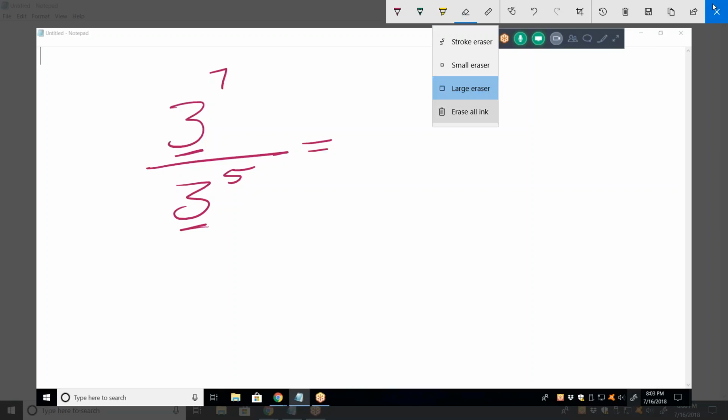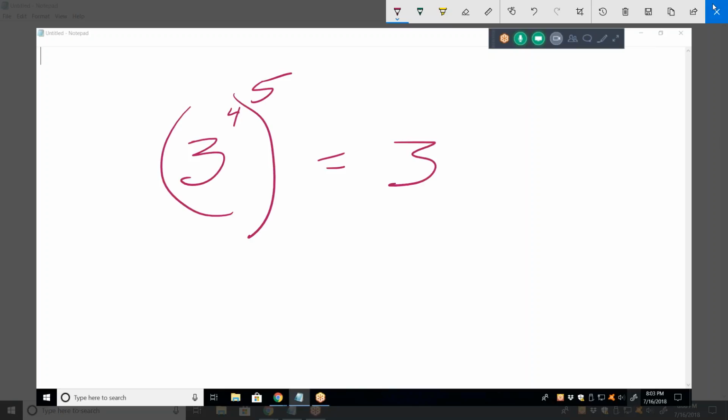And there's one last rule, and that's really all there are, these three rules, where if I have 3 to the 4th power and I do a double exponentiation like that, what's that equal to?